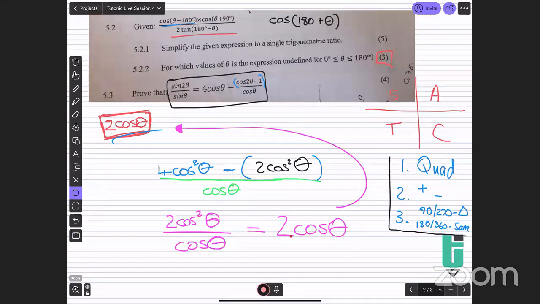Okay. So what I want you to take away from this is that with identities, there's no one method. I hope you've come to realize that. There's no one method that solves everything.